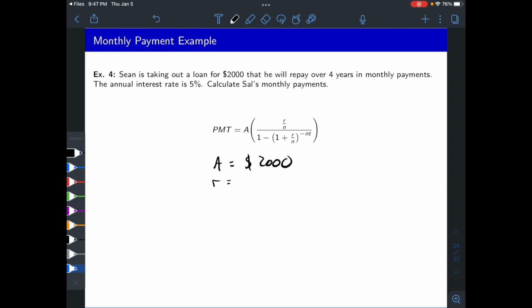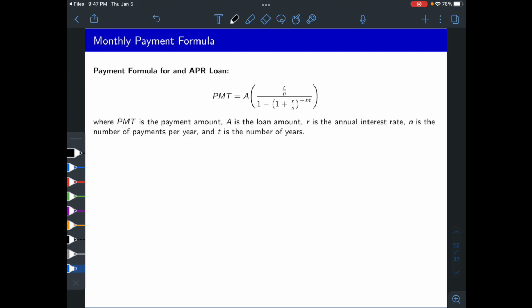R is the annual interest rate. That's just 5% or 0.05. N. So N is, let me go back to the formula. N is the number of payments per year. This says monthly payment formula, but it applies if you wanted to make semi-annual payments or quarterly payments or something like that.